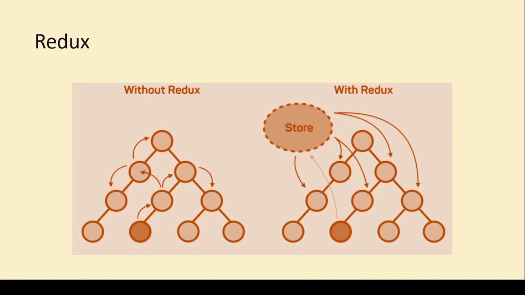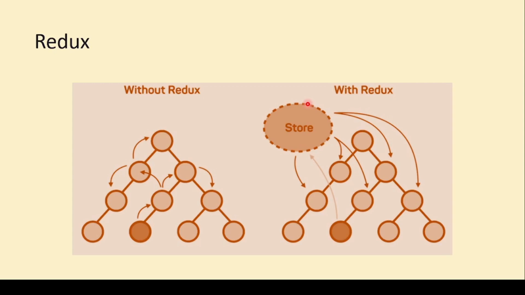Let's now take a look at the right-hand side. Now imagine there is a family group chat where everyone can directly post or read messages. If someone wants to send or update information, they simply add it to the chat and everyone gets it instantly. This is how React works with Redux.